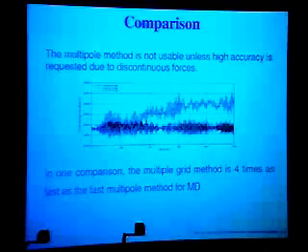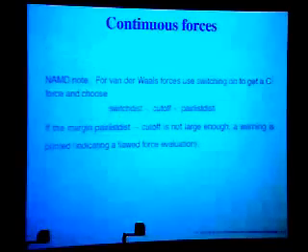And so partly because of this, and partly because of the complexity of the fast multipole method, for molecular dynamics, in one test that we did, the multigrid method was 4 times faster. This is not a statement in general about preferring multigrid methods to fast multipole methods. This is in the particular context of molecular dynamics that this statement is made.